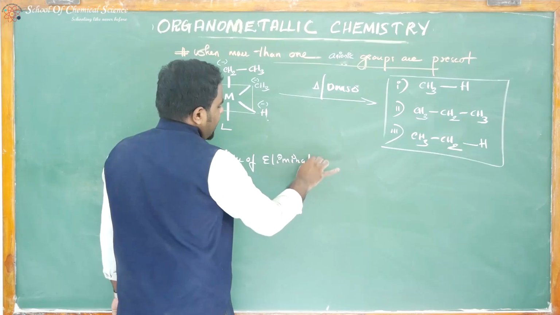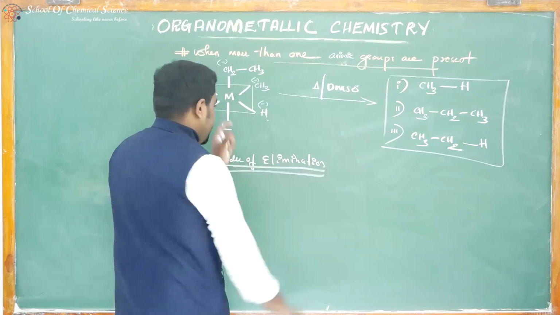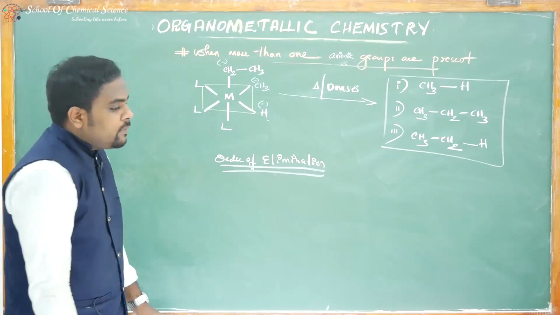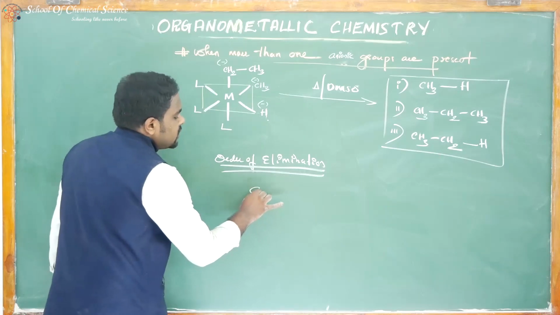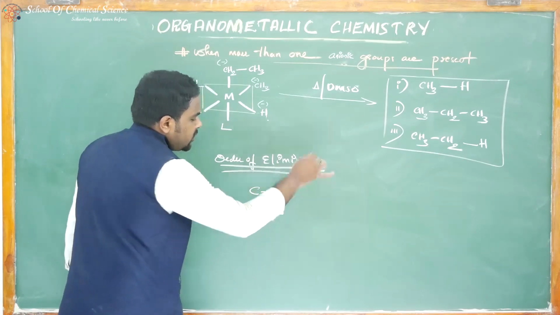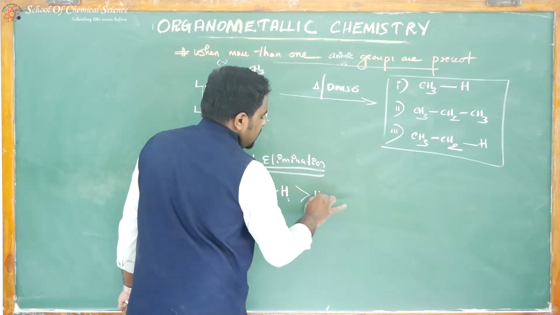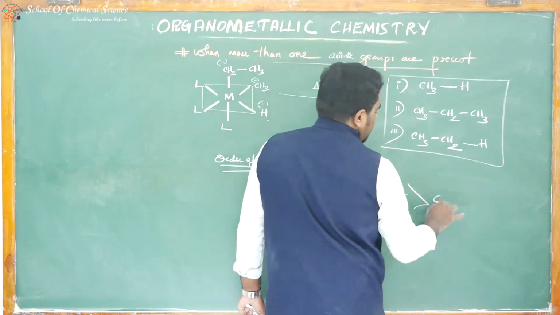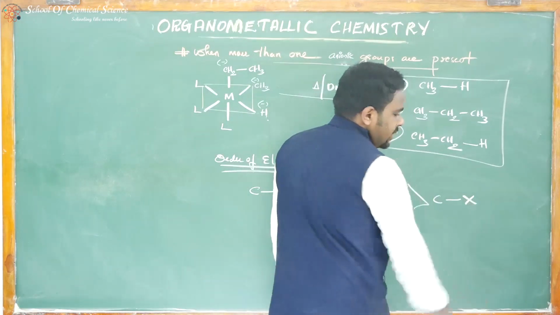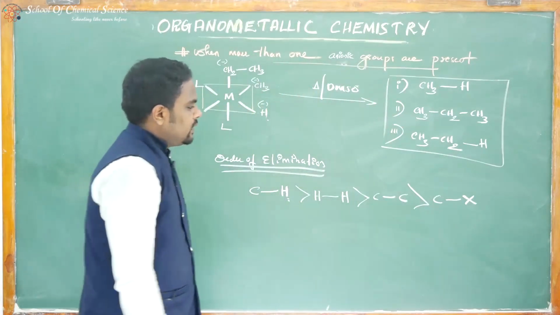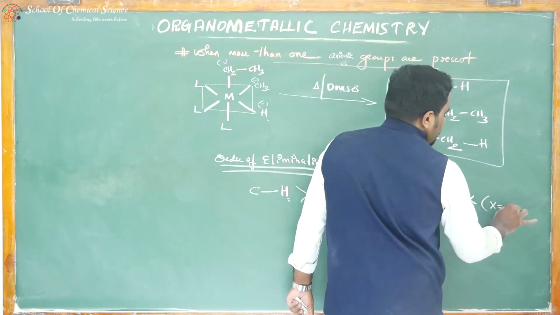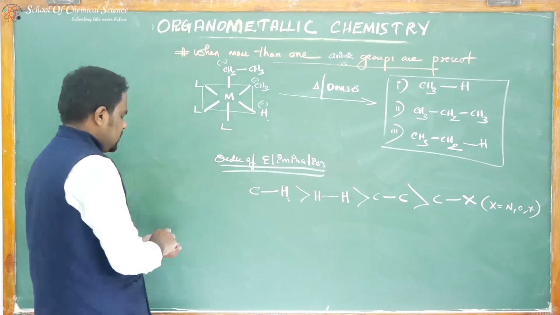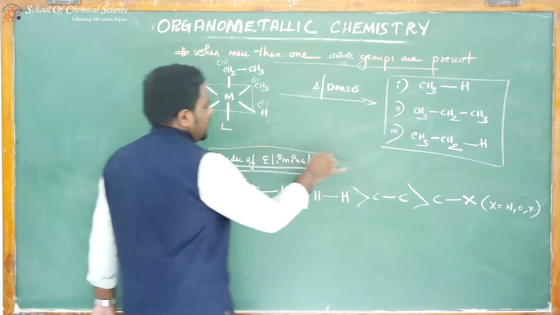When more than one anionic ligand is present, the order of elimination is most probably CH elimination greater than HH elimination greater than CC elimination greater than CX elimination, where X equals nitrogen, oxygen or halogen. So this is the order of elimination.